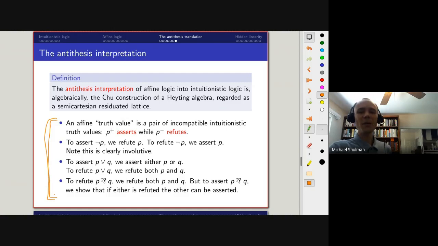So different people have different reasons for wanting to do things constructively. For me, one of the main reasons that I like to be constructive is because constructive mathematics can be interpreted in categories and in toposes. And toposes arise naturally even in classical mathematics, and I care about those. So for me, the categories in which linear logic can be interpreted don't arise more naturally in the same way that toposes do.